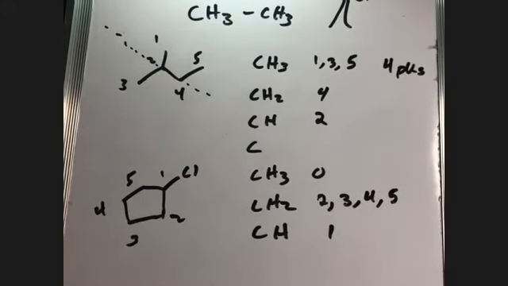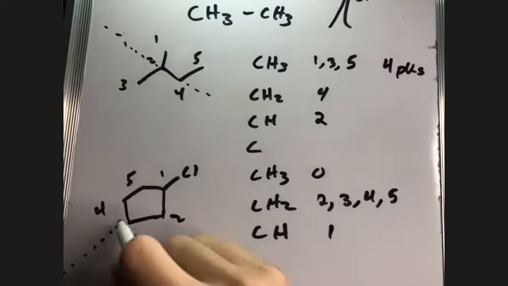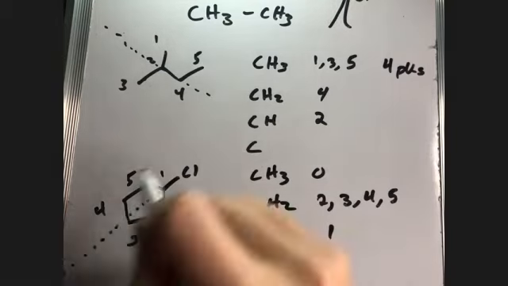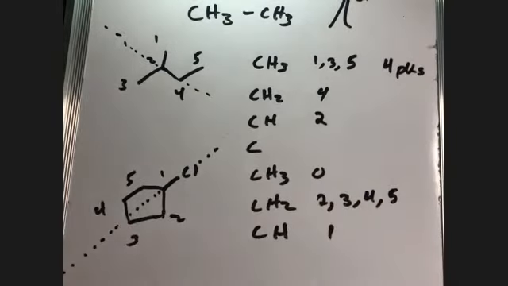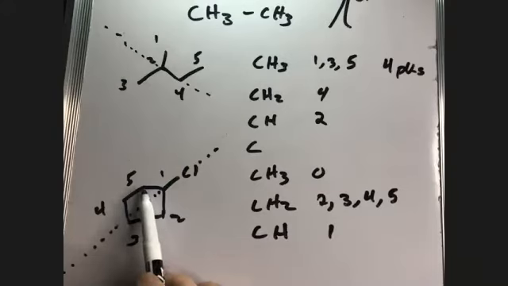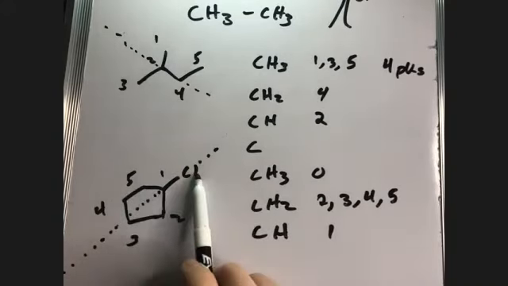So now the question is, among our group of CH2s, are any of them the same? Well, we have this plane of symmetry across the carbon at carbon 1, right? Like this one. So what that means is carbon 5 and 2 are the same, carbon 3 and 4 are the same. Because again, you can think about it in multiple ways. You can also think about what's bound there. So if you look at carbon 5, it's bound to 2 hydrogens and then another carbon, and the carbon that's bound to the Cl.